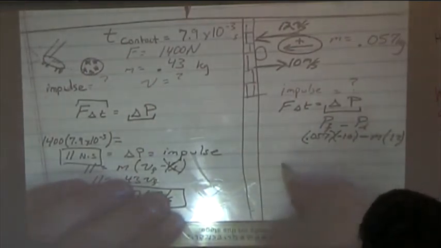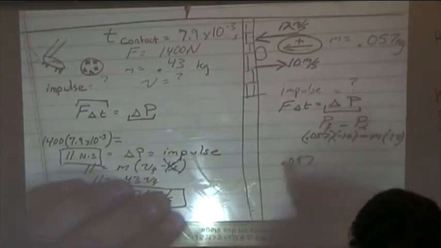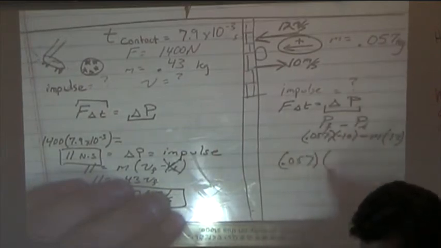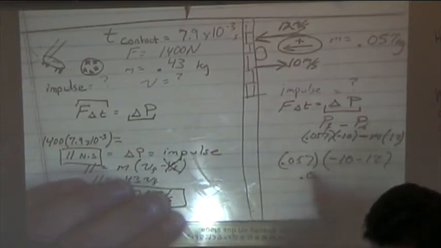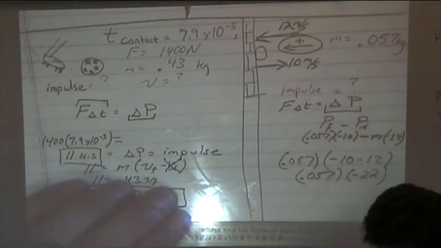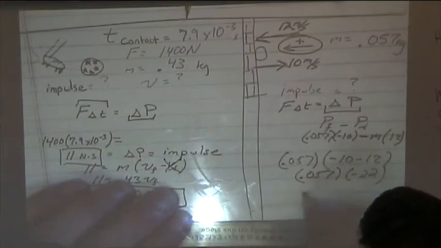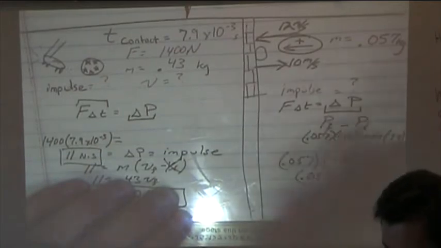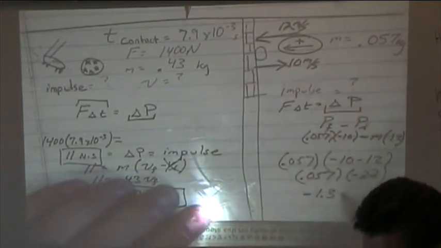And so we'll have 0.057, because the mass appears in both terms and factors out. We have negative 10 minus 12. So that's 0.057 times negative 22. And that gives us an answer of negative 1.3. And I'll stick with the units of momentum since we started with momentum, kilogram meters per second.